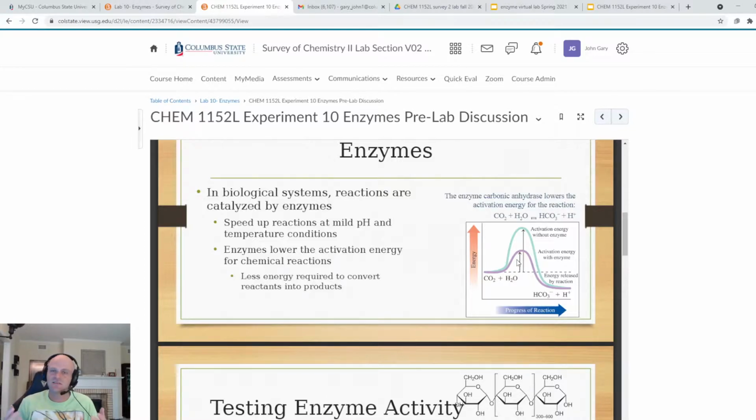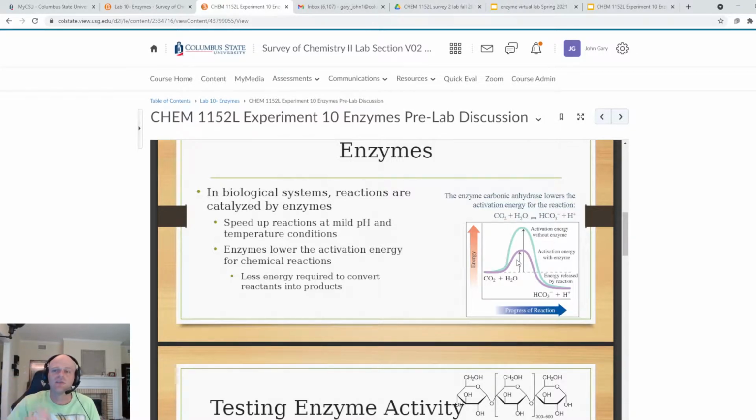But an enzyme is essentially just like a bridge. I can put this bridge down to the other side, and all I got to do is walk across. There's not a lot of energy being spent for me to get across to the other side. So that's kind of how you think of an enzyme. It's like building a bridge from one side to the other of a reaction, and it allows you to get across much more easily than if you had to crawl down and crawl all the way back up. So that's what it does.